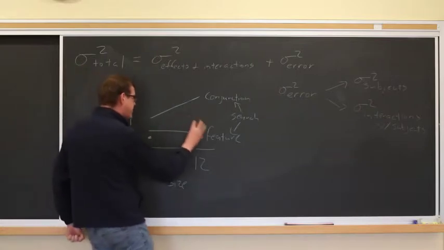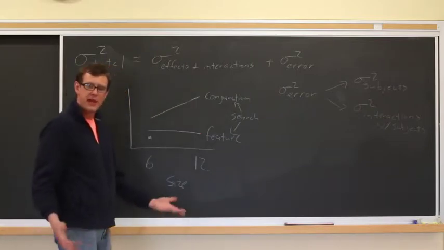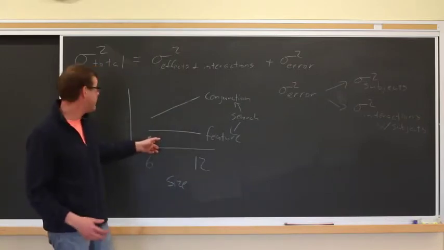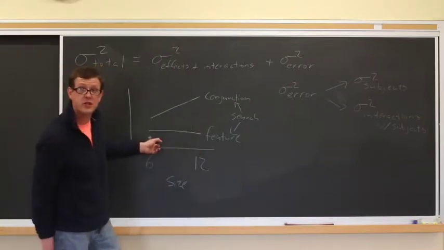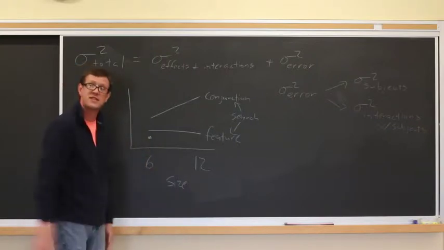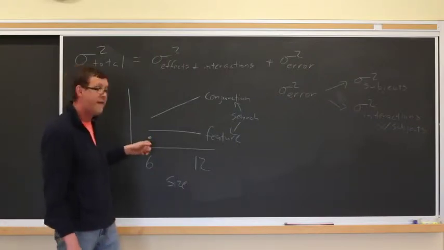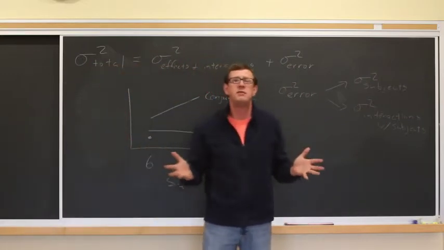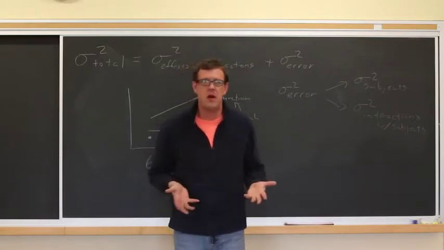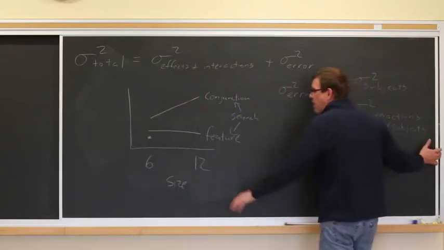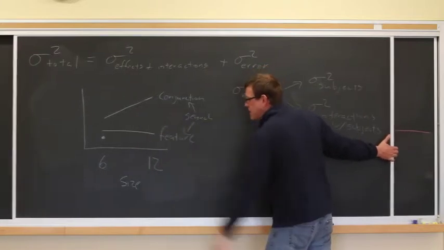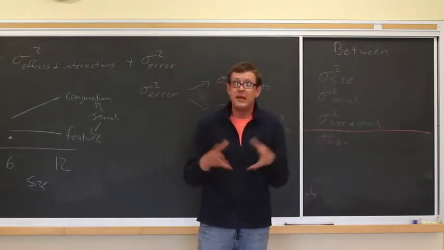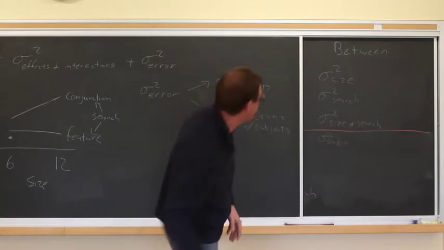But if each of these points represents a completely different group of subjects, you don't know if they're just a fast person in general, or if they're just fast for feature searches, or if they're just fast for set size 6, or if they're just fast for feature searches of set size 6, right? There are all those possibilities, and we can't tease those apart. So because we can't tease those apart, all of the variance around these points that's related to the different subjects, that's just going to be a single error term because we can't break it up anymore.